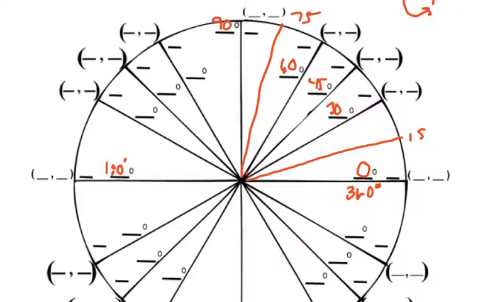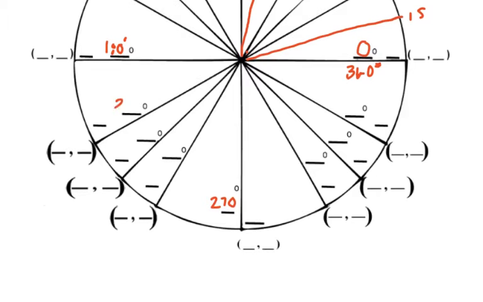So then the next piece we'll skip from 90, adding 30, so we're going to have 120, add another 15, so 135, add another 15, and so 150, and then add a 30 to get 180. Continuing on, we'll add a 30 to get 210, add 15 to get 225, add 15 to get 240, and then add 30 to get 270.